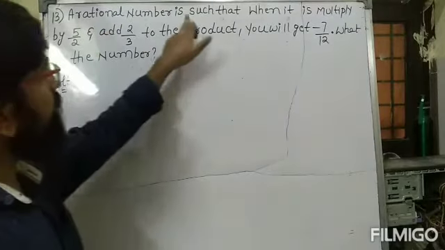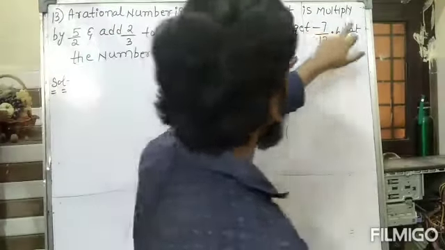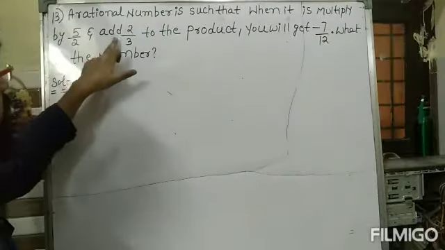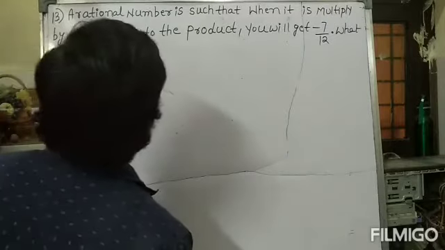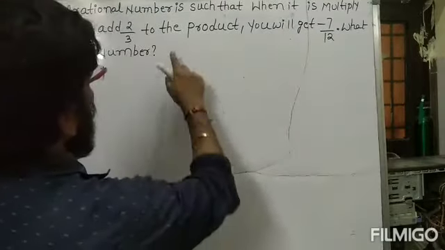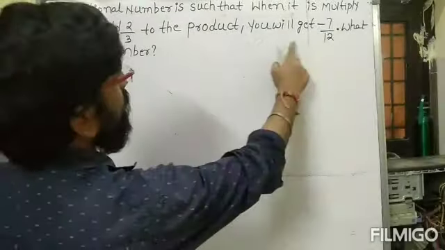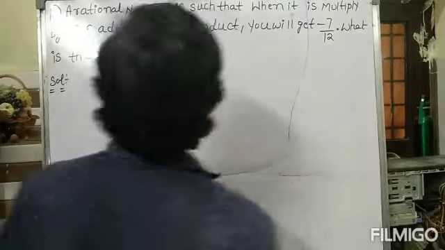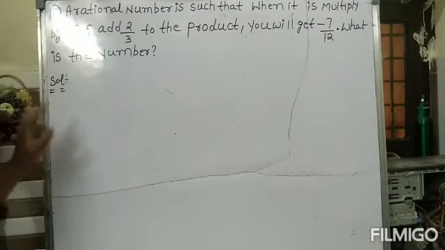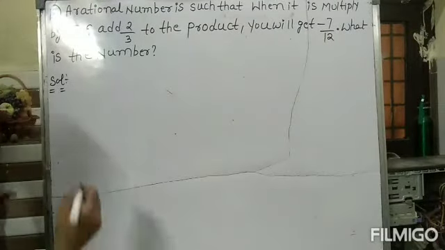Next. A rational number is such that when it is multiplied by 5 by 2 and add 2 by 3 to the product, you will get minus 7 by 12. What is the number? We don't know the rational number.